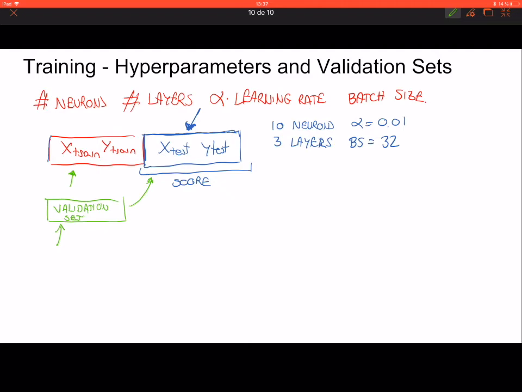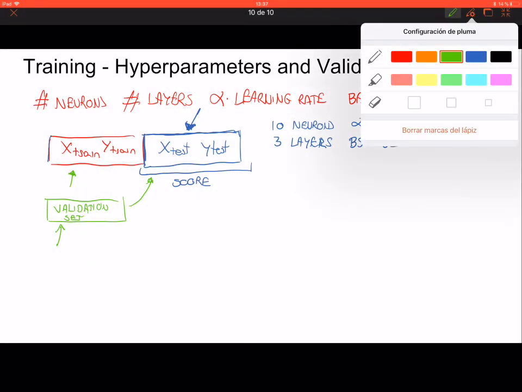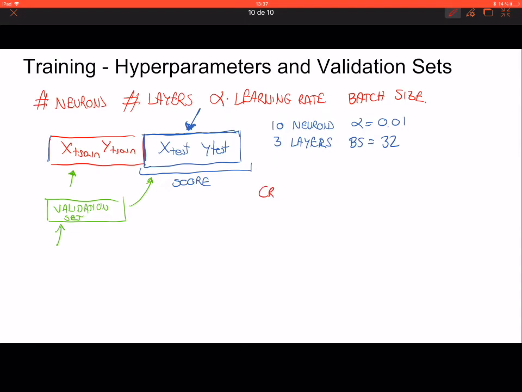If we don't have enough data, this might not be very efficient, but there's a way to solve this, and it's known as cross-validation. So cross-validation works as follows. The idea is that we want to use all our data for training our model.